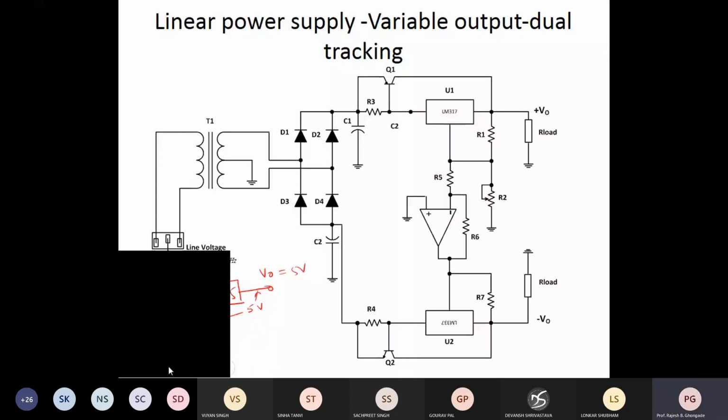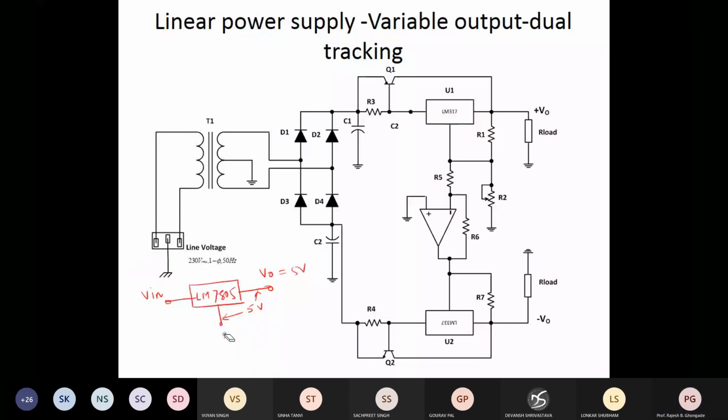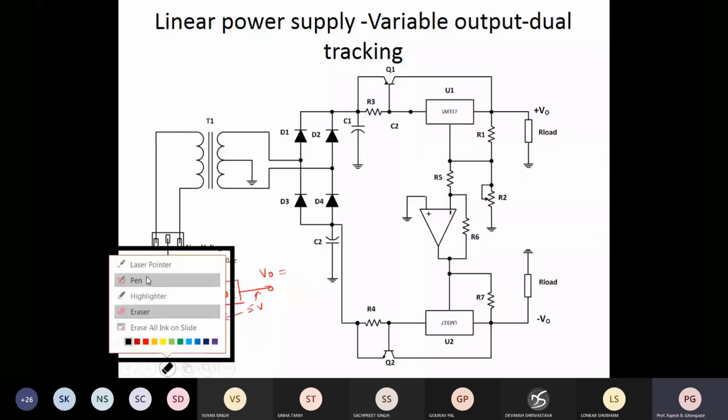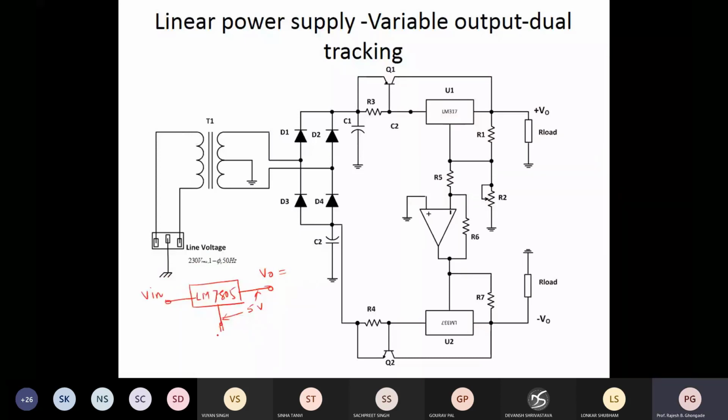But if you somehow increase the voltage over here to, let us say, 3 volts, then the output will be 3 plus 5, that is 8 volts. Of course, your input should be greater than this by at least 2 to 3 volts.